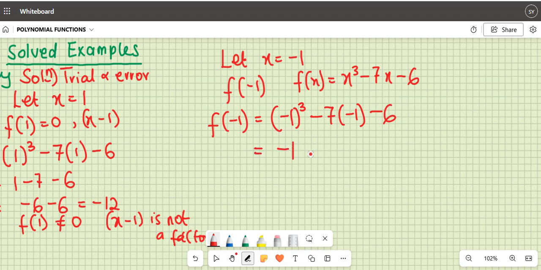Negative 1 cubed will give us negative 1. Negative 7 times negative 1 will give us positive 7, minus 6. Negative 1 plus 7 will give us positive 6, minus 6. We get 0. Great.